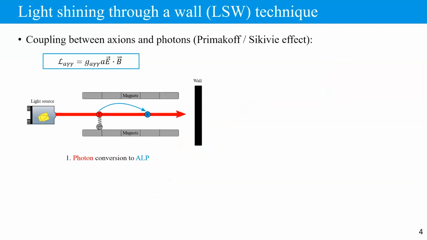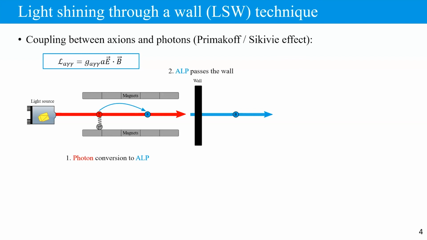One simple way is to shine an intensive light source into a wall and surround the beam by a strong magnetic field. With a certain probability, the following can happen. Photons from the light source can interact with virtual photons provided by the magnetic field and then oscillate into an axion, which can then pass the wall.